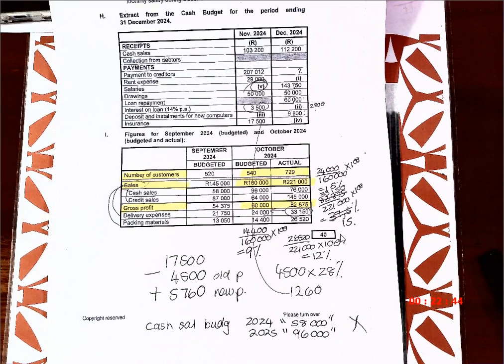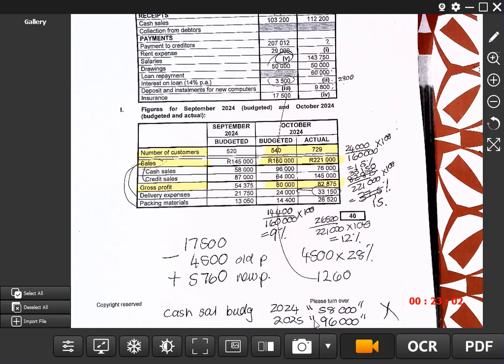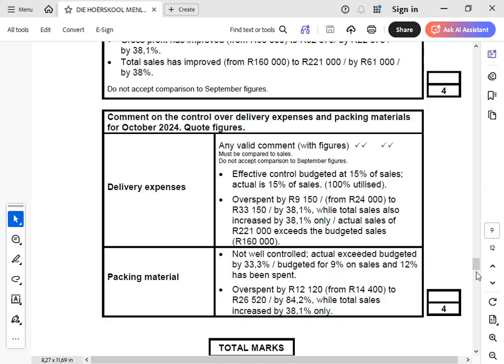You guys, I'm saying again to you, the questions are always like the little bears. One is too hot and one is too cold and one is just right. It's never two that are too hot or two that are too cold or two that are just right. Very seldom. So let's quickly look. Both are 15. If you see the 15% of sales budgeted and actual, you get your two ticks.